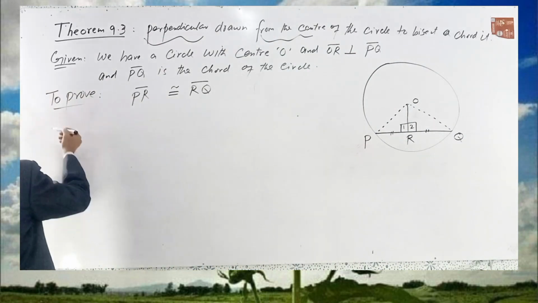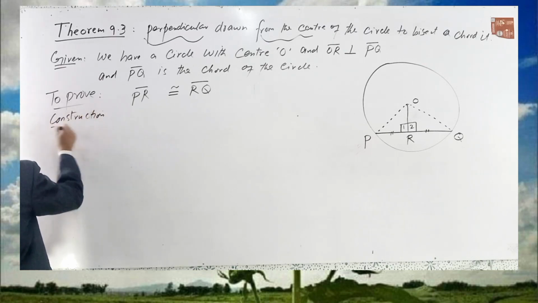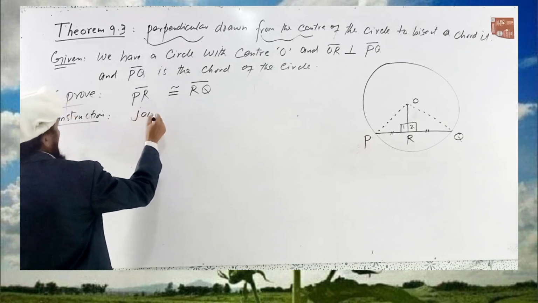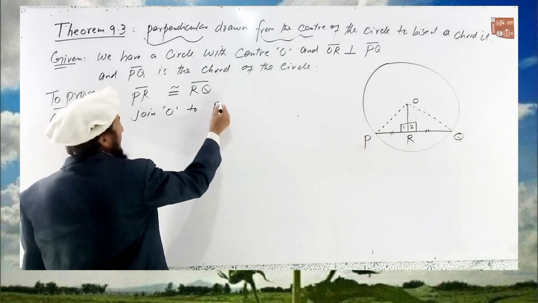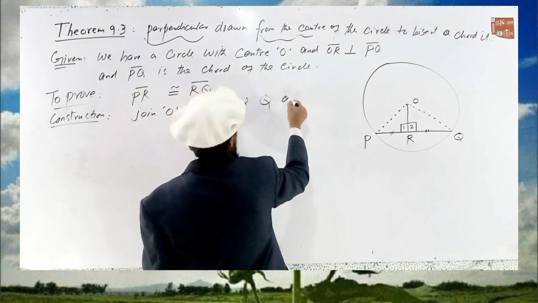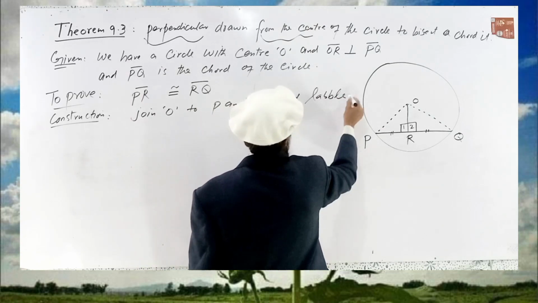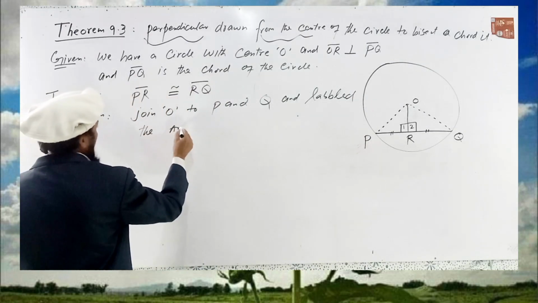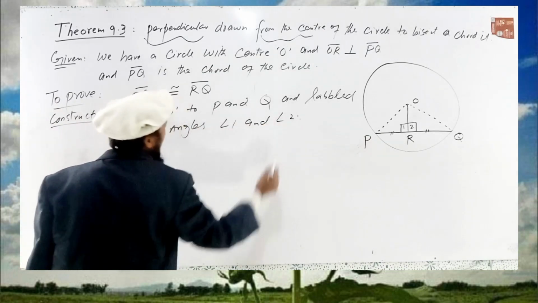Now, construction: join O to P and Q, and label the angles angle 1 and angle 2.